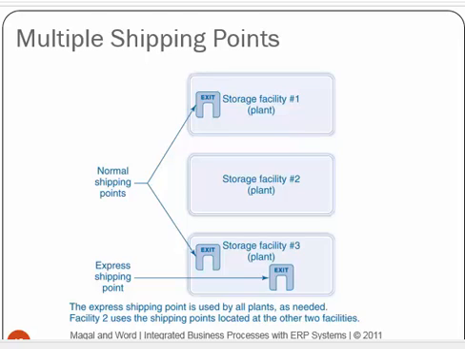So a plant may have a shipping facility or it may not have a shipping facility. For example, if you are sending by normal mail, you will use plant 1. If you are sending express, then you will use plant 3.